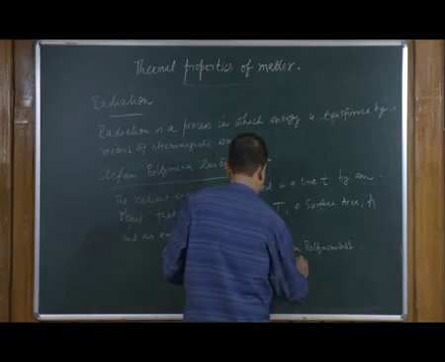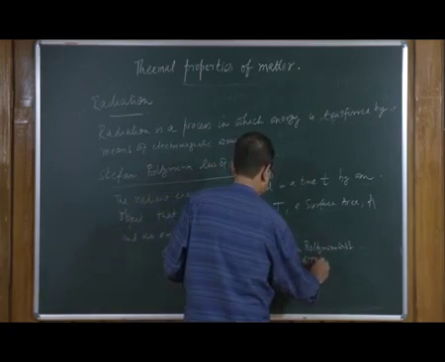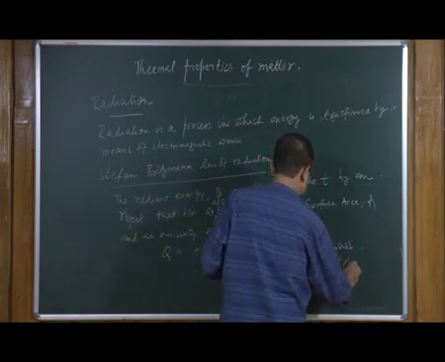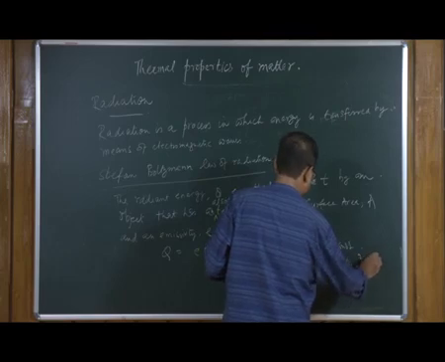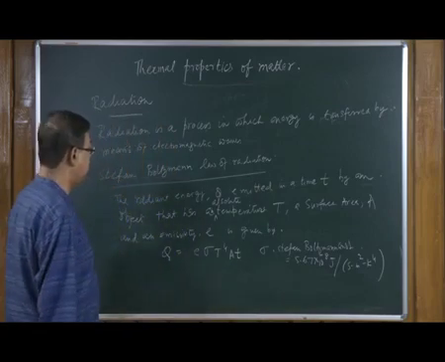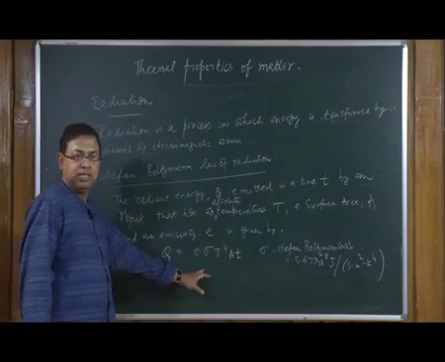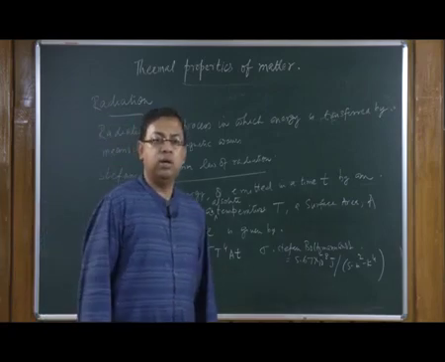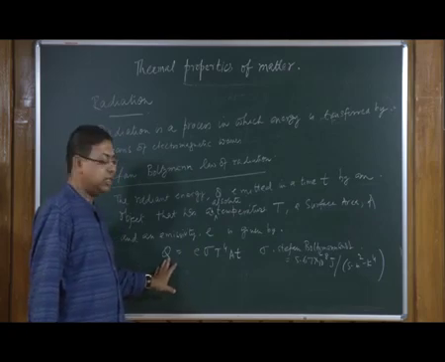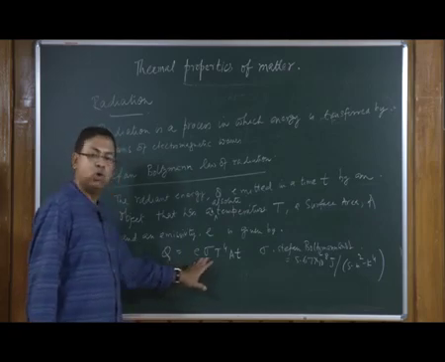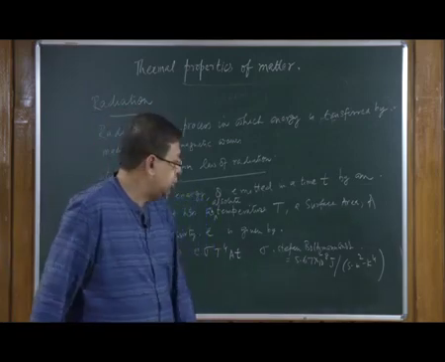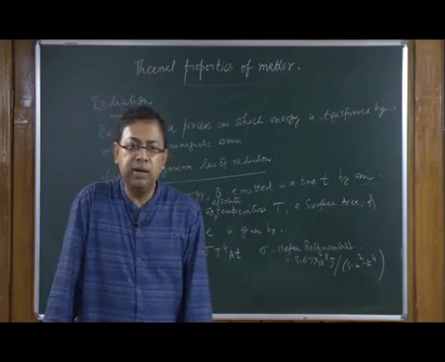And this has a value which is 5.67 into 10 to the power minus 8 joule per second per meter square Kelvin to the power 4, and this is often quoted as a T to the power 4 law, where the radiant energy or the thermal energy due to radiation is proportional to the fourth power of the temperature expressed in absolute scale.